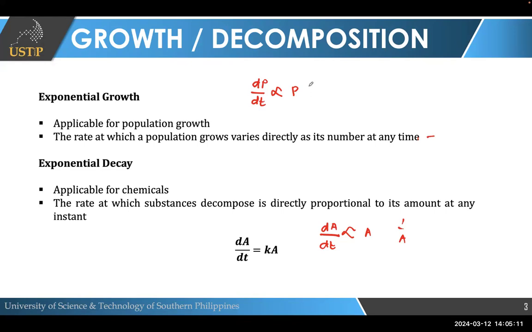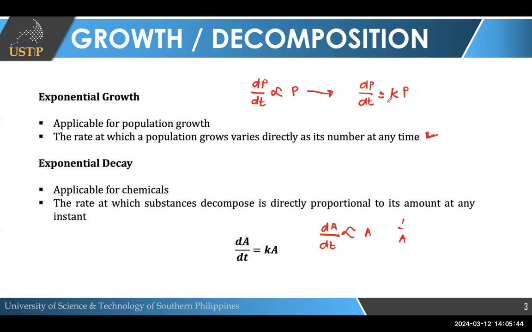So when we want to make this an equation, this is not an equation yet. This is just a mathematical representation of the statement. If you want to make this an equation, we need to introduce a constant there. I hope you remember that from high school. So that would be dP over dt, the rate of change of the population, and if you want to make it an equation with an equal sign, we introduce a constant.